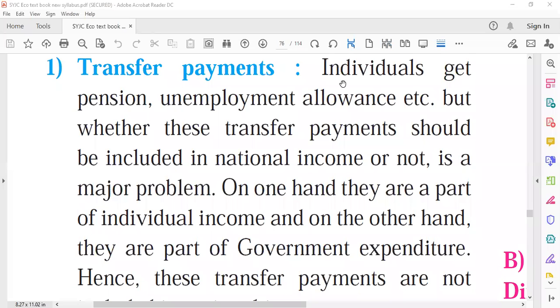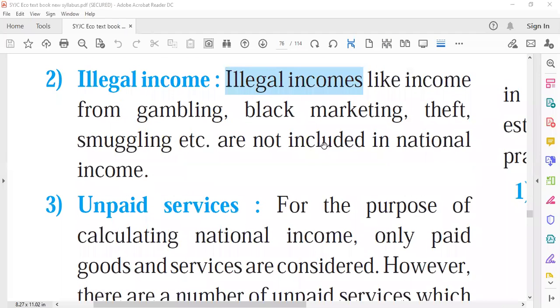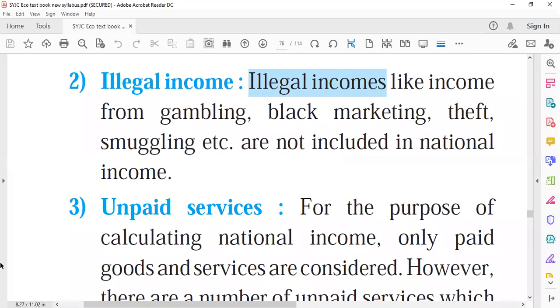Another difficulty that we face over here is income from illegal activity. Now, many people are earning income through various illegal activities like gambling, black marketing, theft, smuggling, which add to the current consumption expenditure.